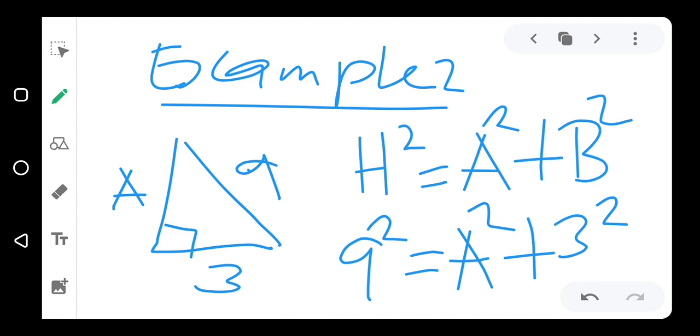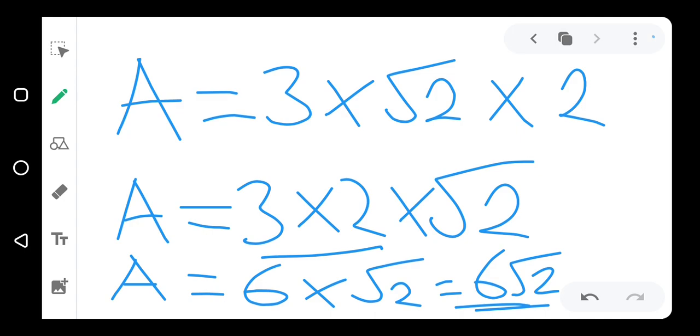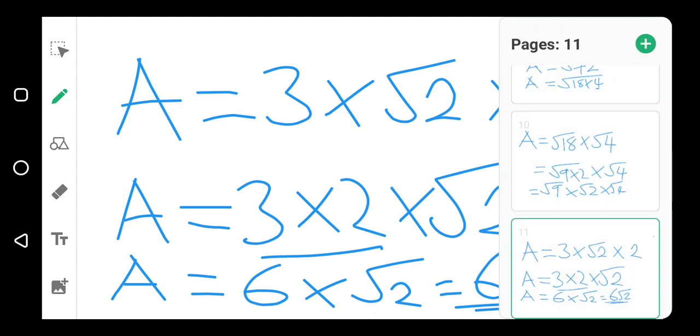Now we solve another example. Example 3.